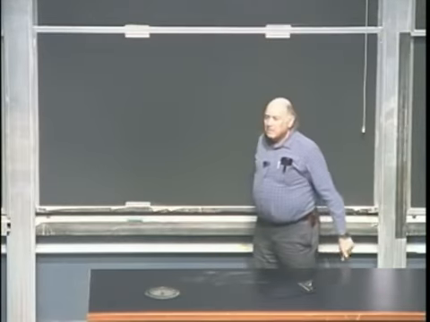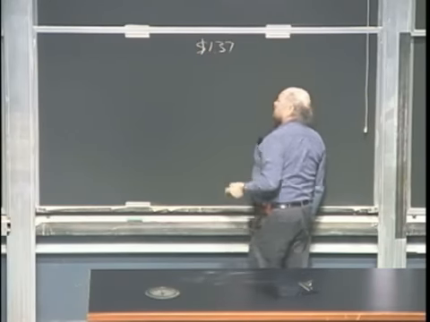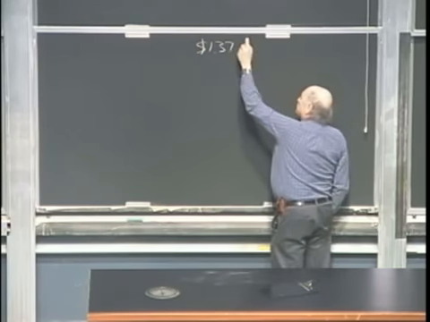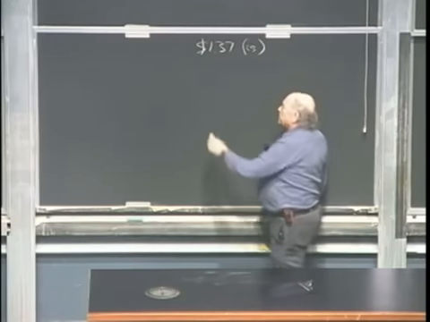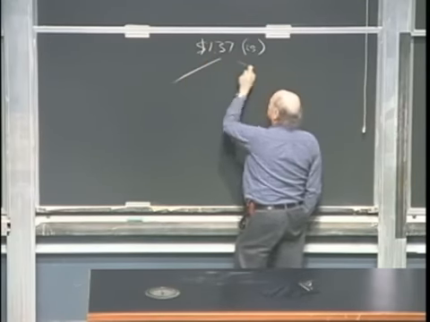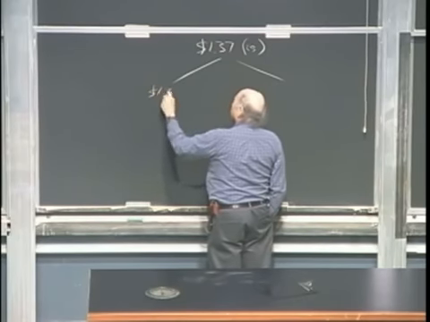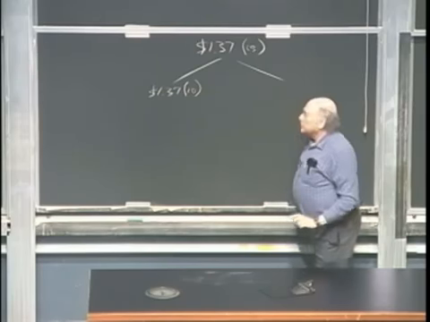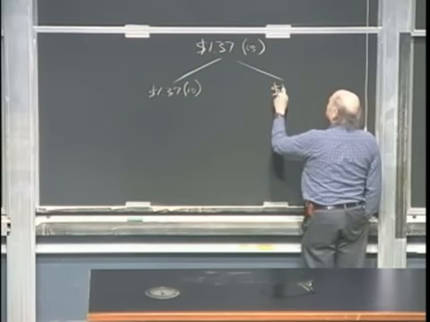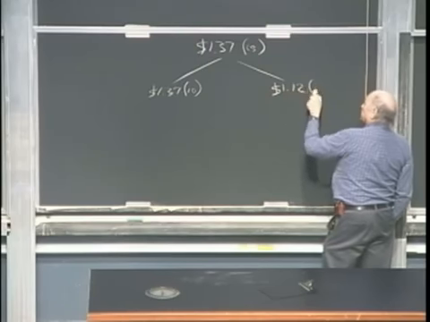It's like I have $1.37 and my biggest coin is quarters. Okay? And then it's a binary tree. Either we have $1.37 and the biggest coin is dimes, or we have $1, can I do this subtraction in my head, 12, using quarters.